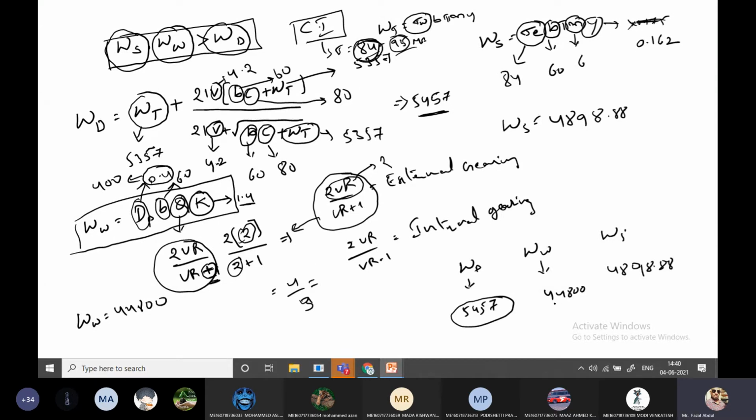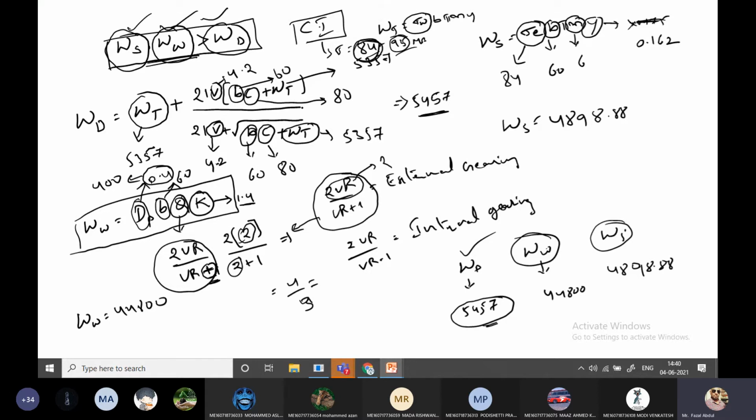WW is crossing the WD value, but WS is not crossing this value. So only one parameter is satisfying this condition, and WS is not satisfying.